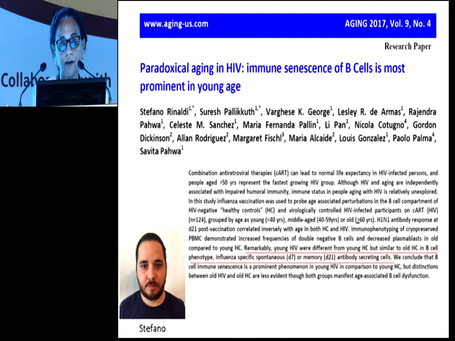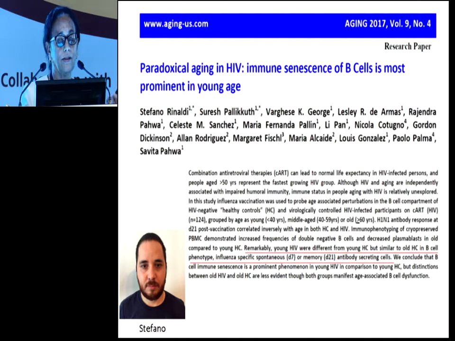And then we looked at the different subsets that I talked to you about. This study of B cells was led by Stefano. He came from Rome, as he was very interested in B cells, so he addressed the B cells in this project. He found, as you can see in the title, that immune senescence of B cells is most prominent in young age.